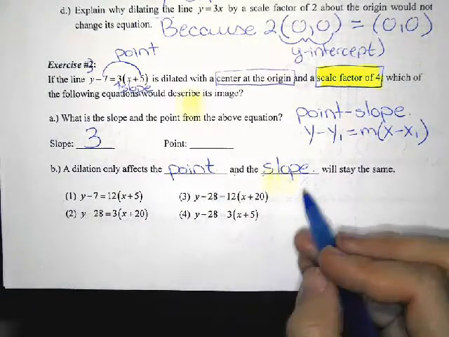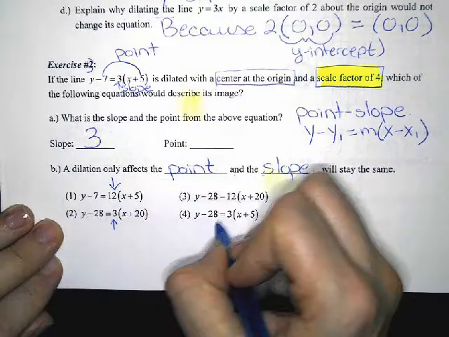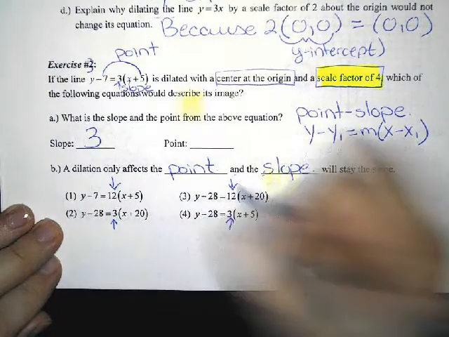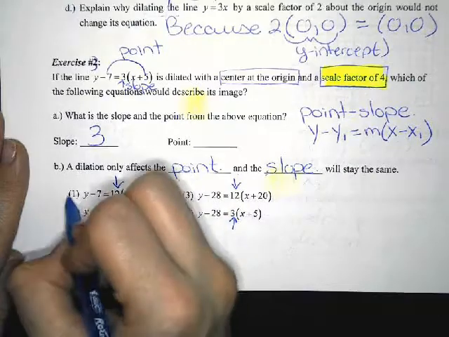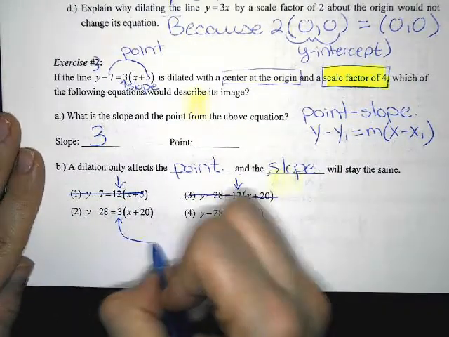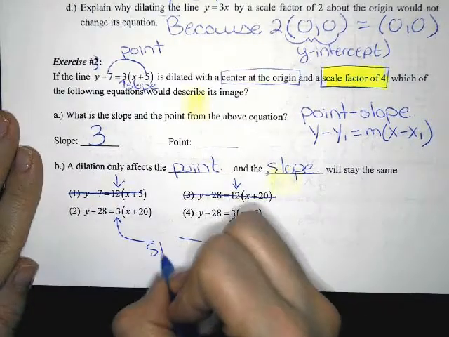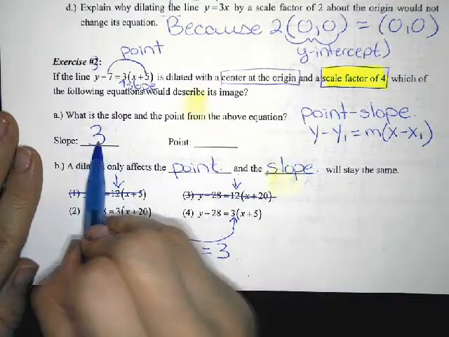So if I'm looking at this, all of these numbers here represent your slope. And looking at them, if slope needs to stay the same, I'm going to get rid of choice 1 and 3. Why? Because I need the slope to be 3 as the previous one is.